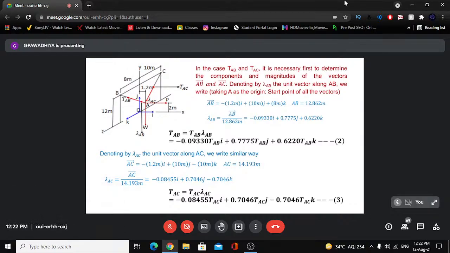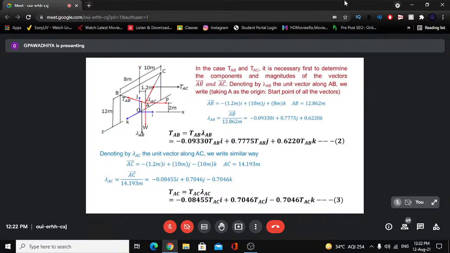Now for lambda AB, we know the coordinates of A, we know the coordinates of B, so we can establish the vector AB, now with origin at A. So the x coordinate of B is minus 1.2 i.